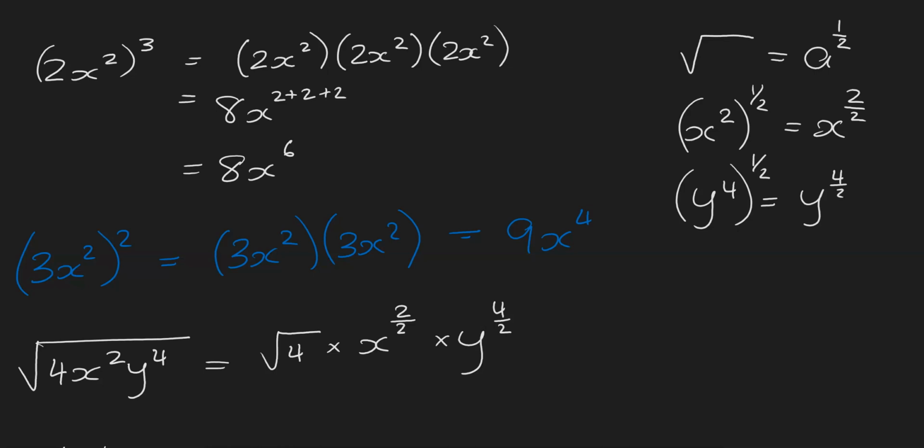Cool? So it's a pattern. So we can rewrite this now. The square root of 4 is just 2, and x to the power of 2 over 2 is just x to the power of 1, and y to the power of 4 over 2 is y squared, and your answer becomes 2x y squared.